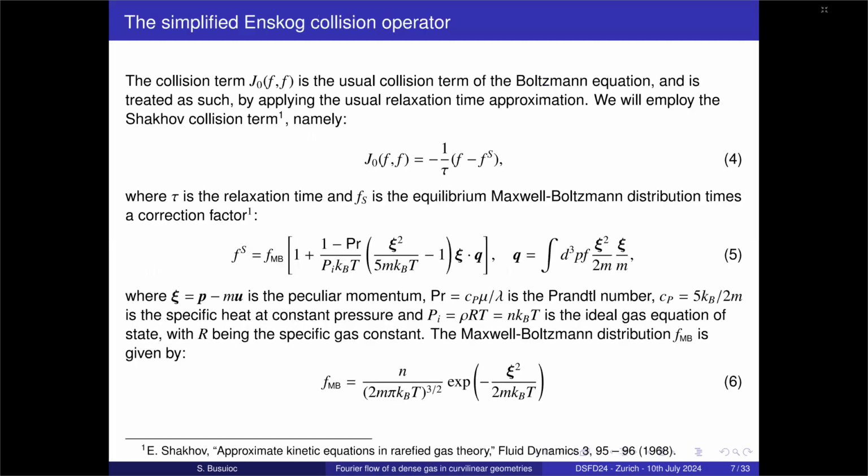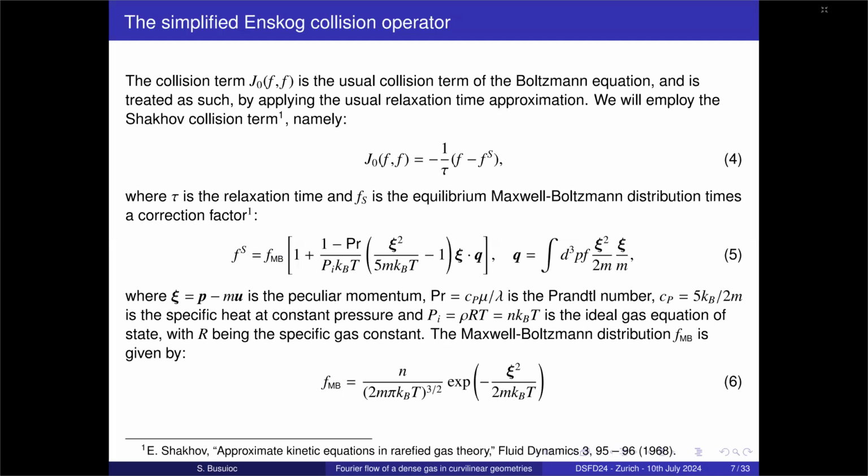The first one we know how to treat, and since I also want to have the Prandtl number of the hard sphere, I'll use this Shakhov relaxation time approximation, which has this free parameter, the Prandtl number, which is the ratio between the viscosity and thermal conductivity. And so this is how I'll treat the J0, the Boltzmann collision integral.